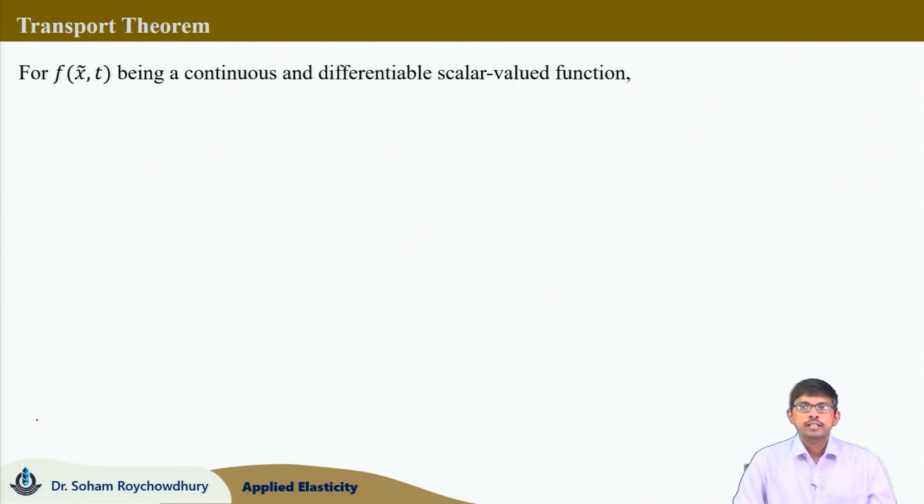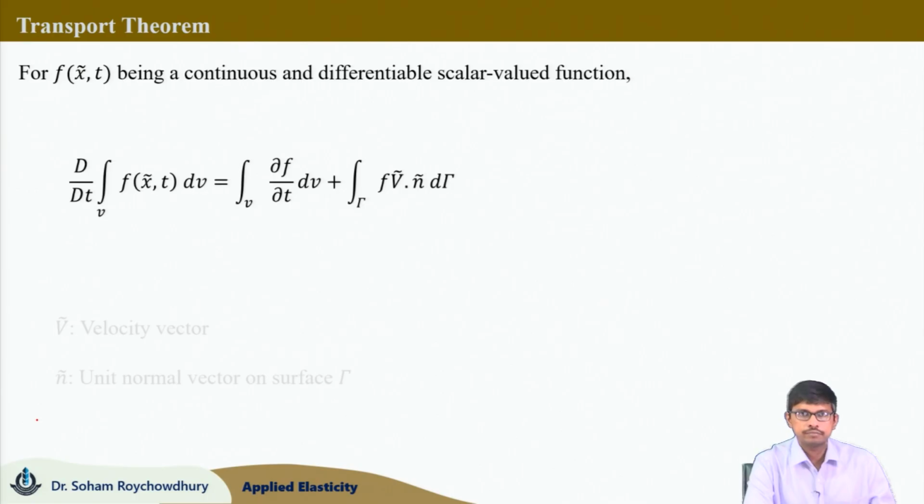The first thing with which we are going to start is the transport theorem, and using this, all these different balance laws can be derived. The transport theorem states that f(x, t) is a continuous and differentiable scalar valued function for deformed position vector small x and time t.